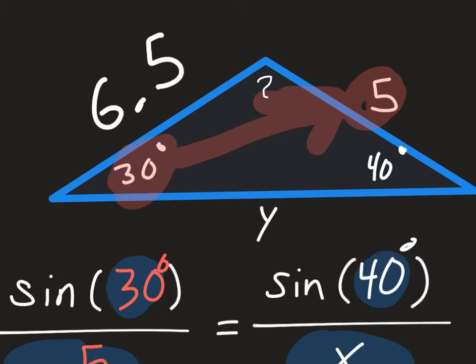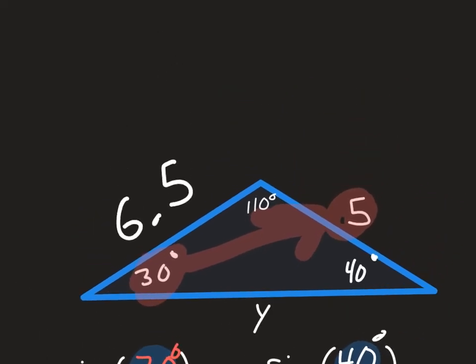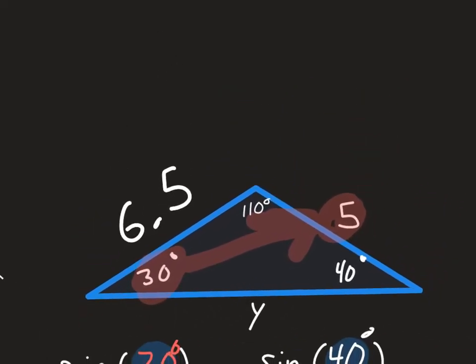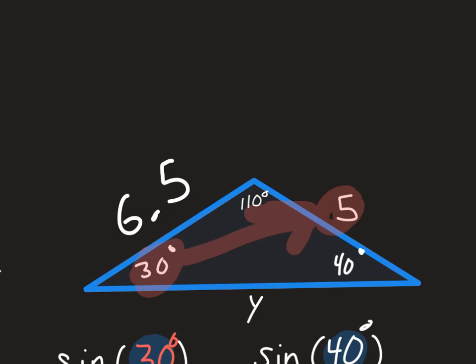So if I went 180 minus 30 minus 40, I would get 110. Now I have that this angle is 110 right here. Let's think about how I could set this up. What if I wanted to find my last side? Maybe I'll call it y since we already used x earlier.